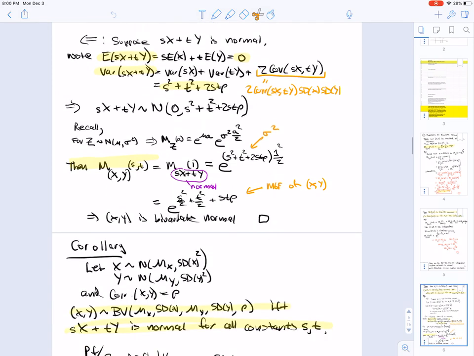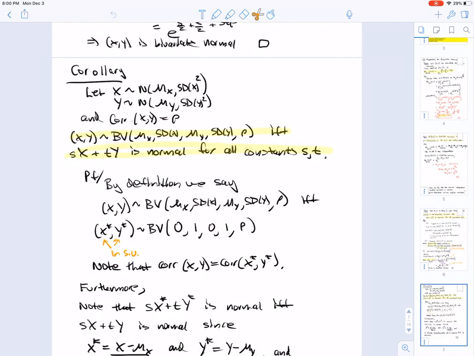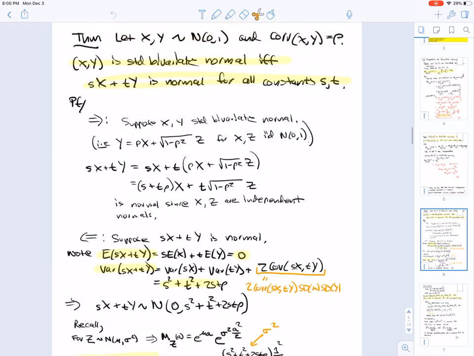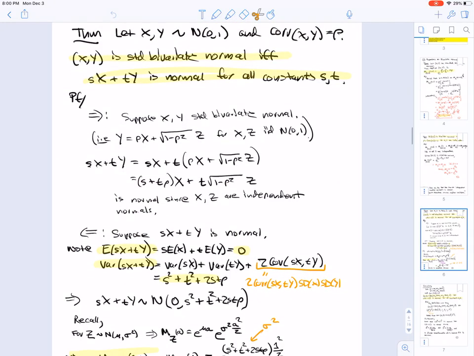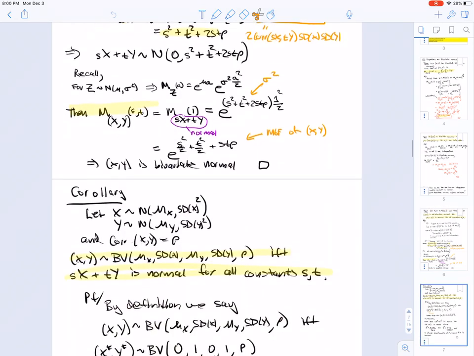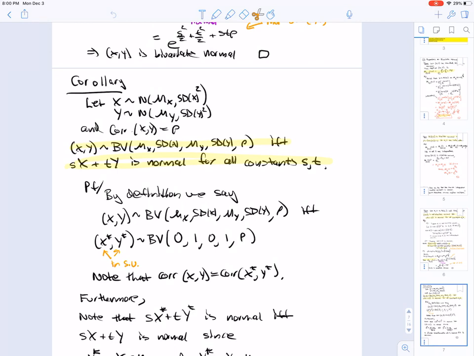This has an important corollary. In the above theorem, we did it when X and Y were standard normal, but actually, if X and Y are just normal, then XY being bivariate normal with those 5 parameters is equivalent to sX plus tY being normal for all constants s and t.